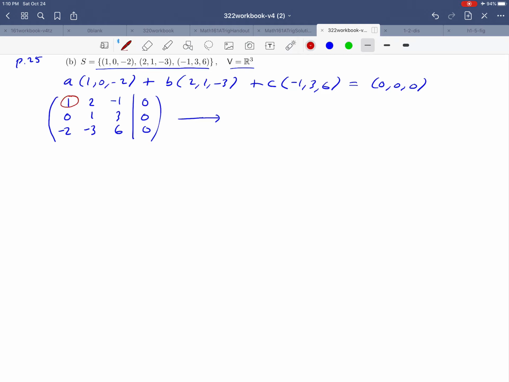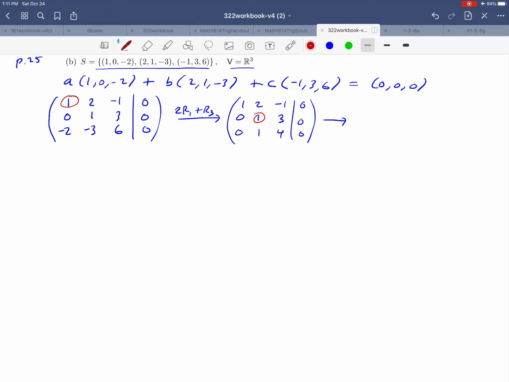We start with a pivot position up there. We want to get zeros below it, so we could take 2 times the first row plus the third row. That would lead us to a matrix that looks like, let's see, what would it be? 0, 1, 4. And then we're done with the first column.